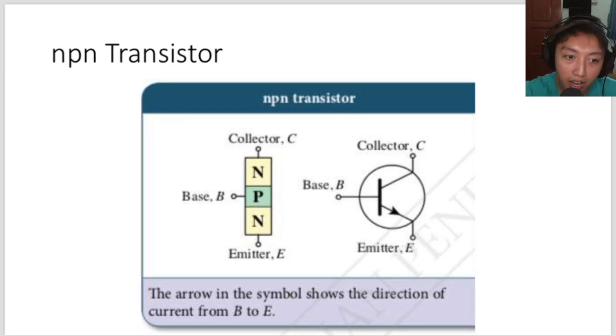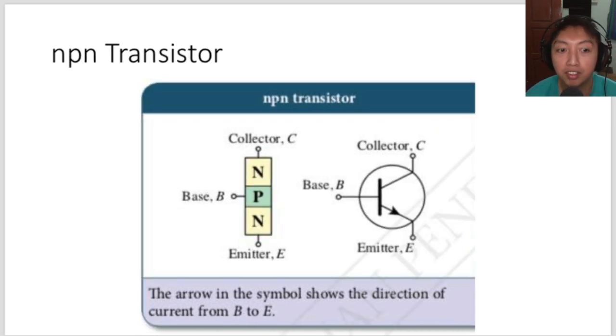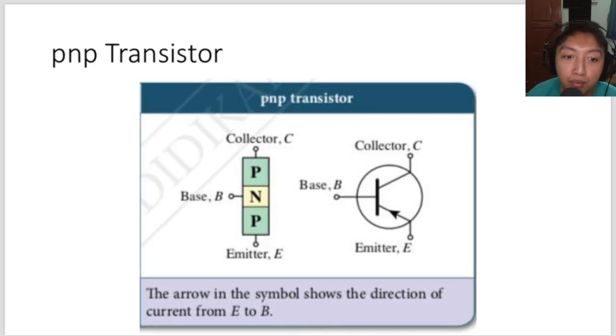So either an NPN or a PNP. The difference is the direction that the current will flow, right? For an NPN transistor, it'll flow from the collector to the emitter. For a PNP, it will flow from the emitter to the collector. But other than that, the way it functions is still the same.